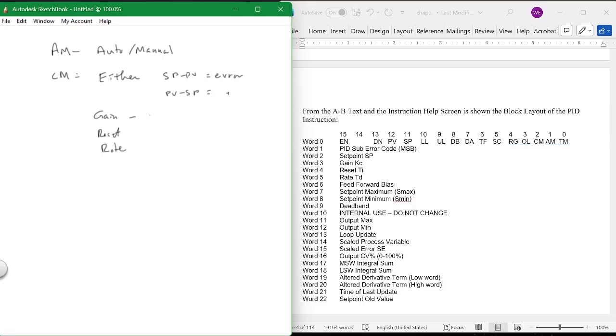This is the proportional constant. This is the integral constant. And this is a derivative constant. All right, so there they are.